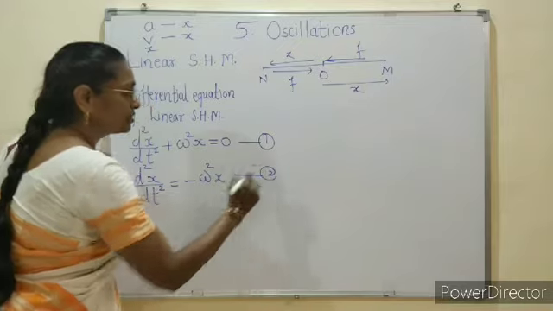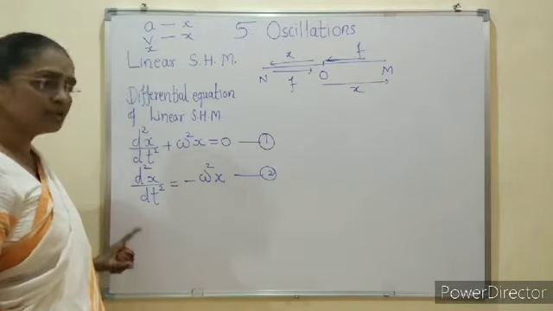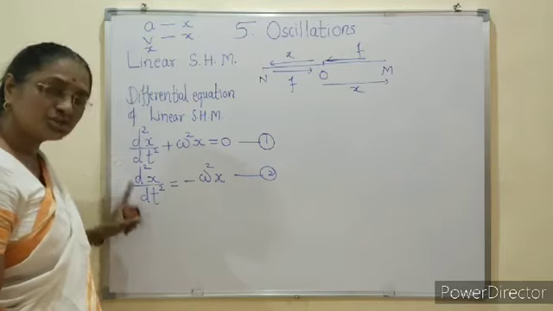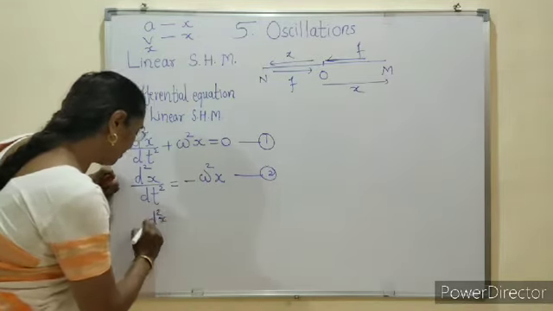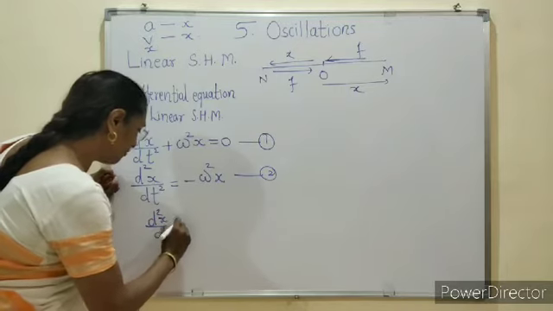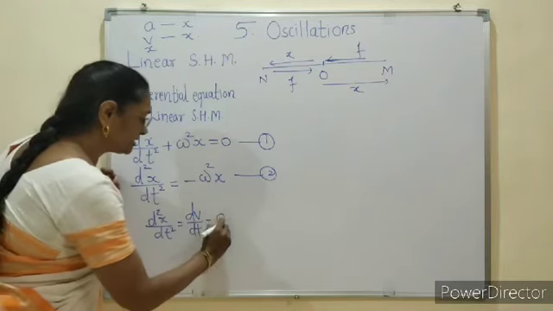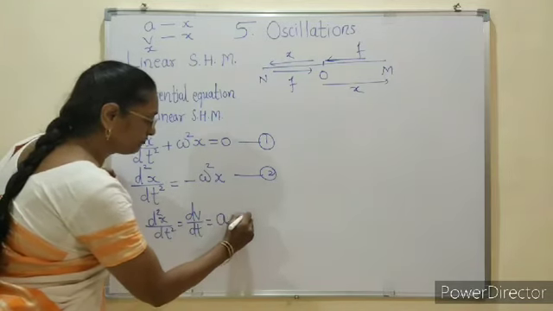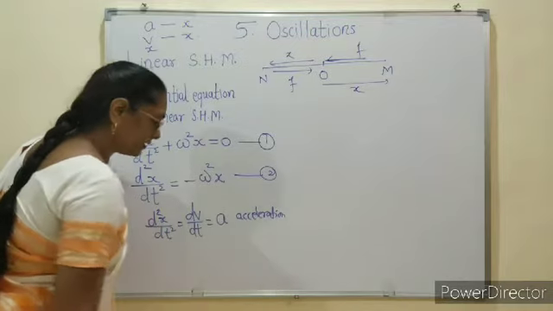Suppose it is equation number 2. And in the derivation of the differential equation, we have introduced this double derivative d square x by dt square for dv by dt, meaning acceleration of the particle.